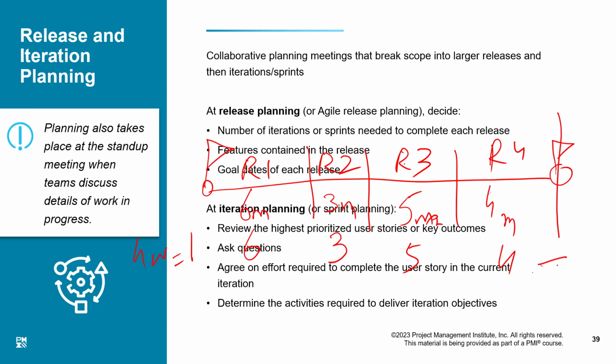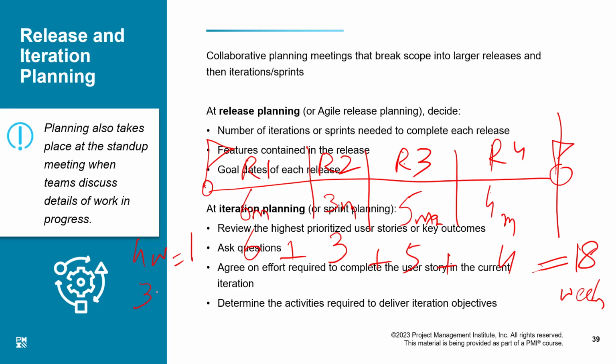So the total number of iterations will be 6 plus 3 plus 5 plus 4. 18. That is if it is 4 weeks.